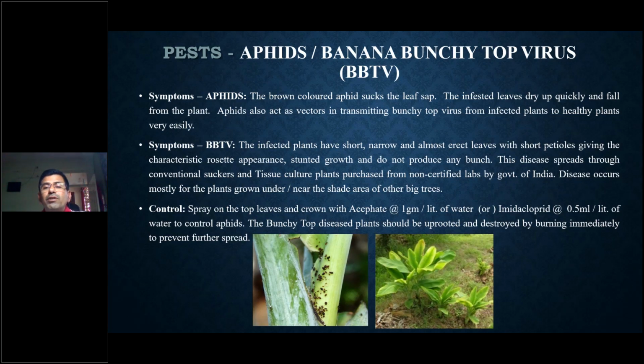Only on the crown portion, if you give continuous sprays, this bunchy top virus can be avoided. And you can also put carbofuran 3G granules in the crown portion, 3 to 5 granules per leaf axil. For the top 3 axils, if you put it, it is more than enough. This disease can be managed.